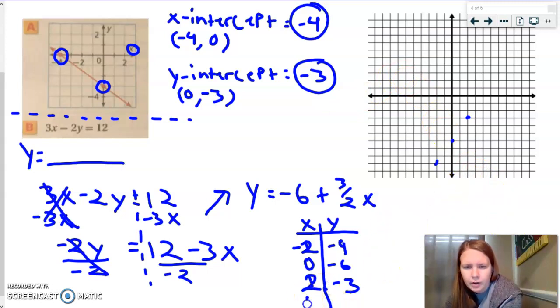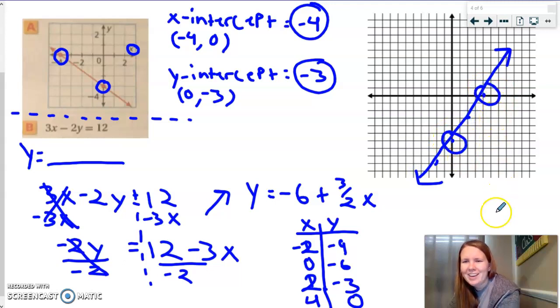What if I did 4 here? 3 halves times 4 would give me 12 halves, which is the same as 6, and negative 6 plus a positive 6 is 0. So at 4, I would have 0. So I connected these in my graph, and I notice where they cross both the x and the y.